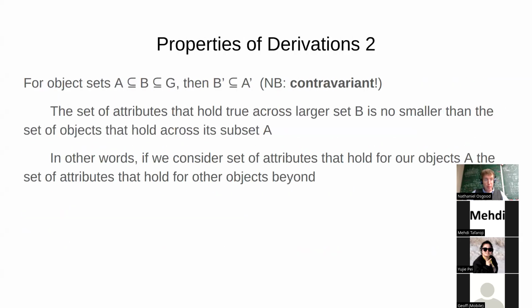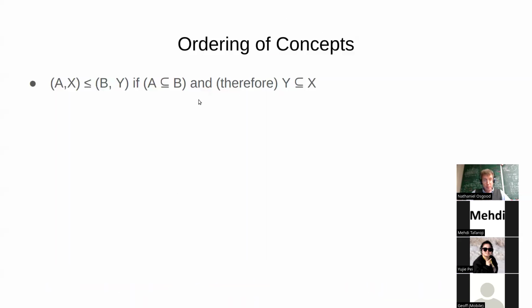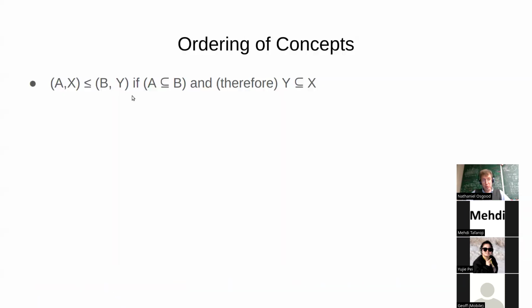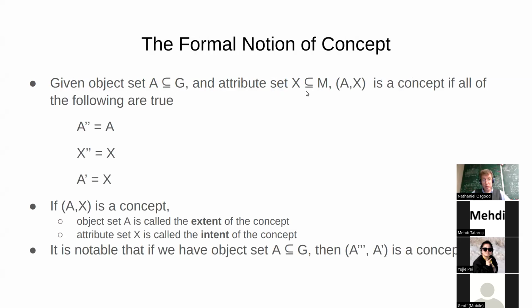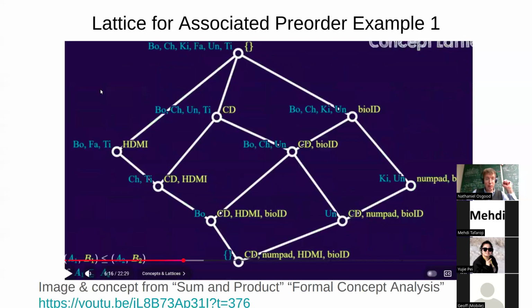Okay, so we have these notions, and we can arrange this into our pre-order. This gives you how to arrange the morphisms, and what the morphisms are in the pre-orders. The objects are these concepts, and the morphisms are these less-than-or-equal-to relations between concepts as defined here. We can arrange these, and again, this is from that same outstanding video.